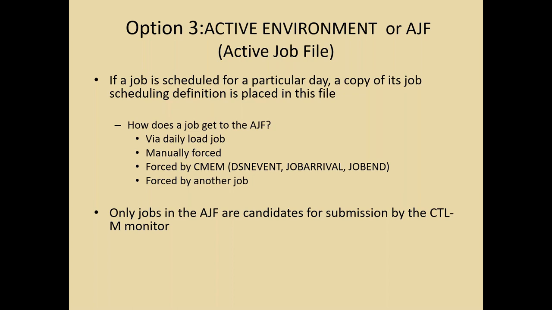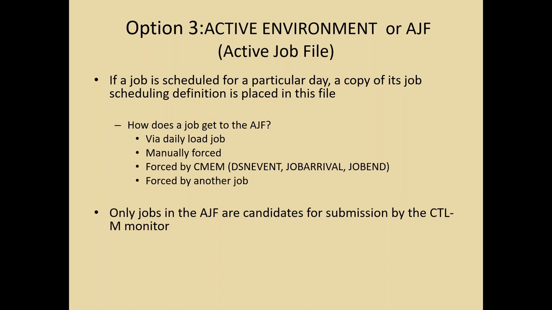Then your next is forced by another job, that is the in-condition, out-condition concept. Then next I want to explain that only jobs in AJF are the candidates for submission by the Control-M monitor. This point is important.